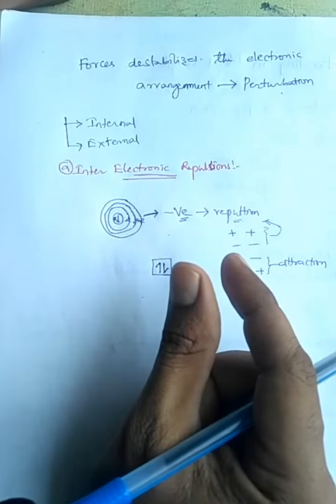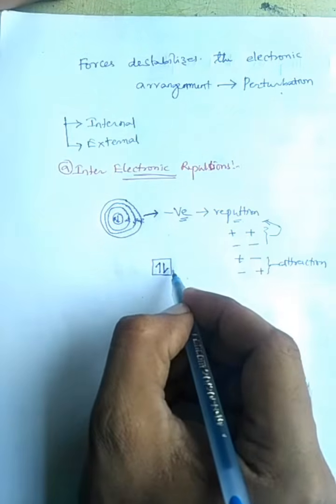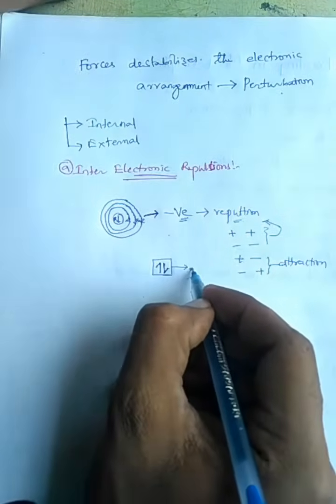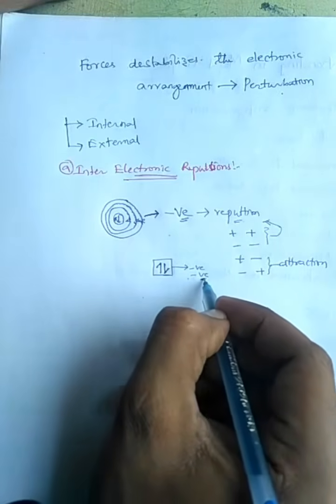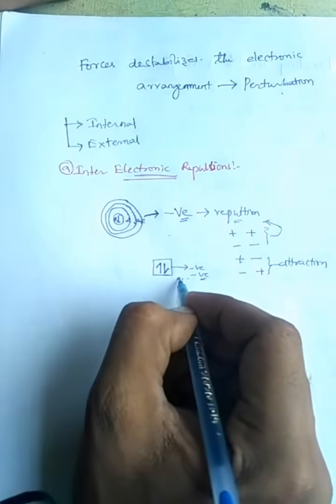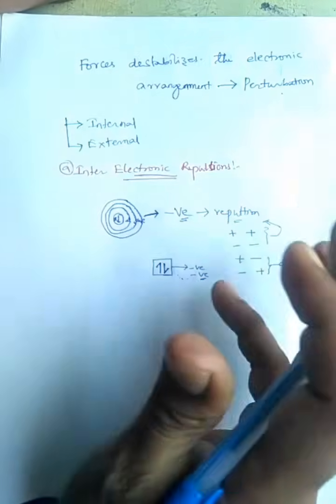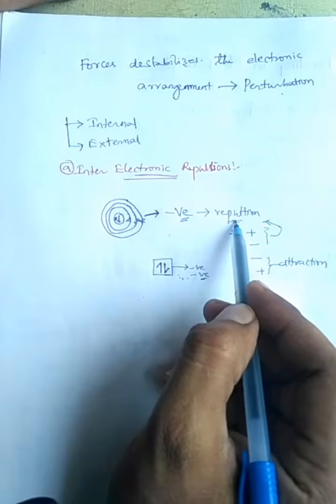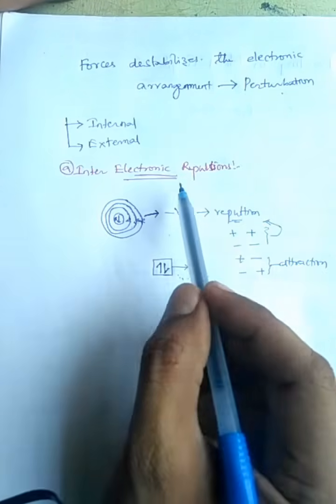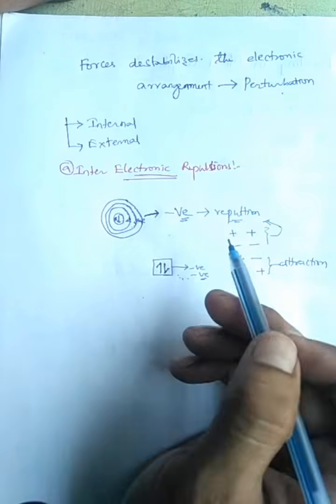They will have very close interaction. When that happens, negative repulsion arises again, and this electronic interaction will destabilize the electronic configuration.